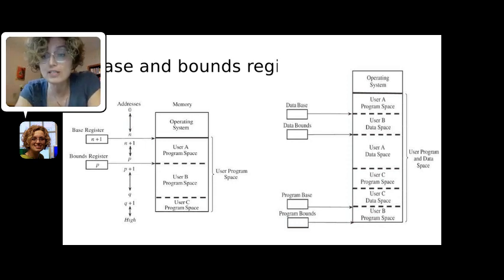So now each user has two pairs of registers, their data base and upper bound registers, and their program base and upper bound registers. And that resolves the problem of data versus program. That's a pretty good solution. Again, an old way of doing things, and you have to do a lot of bookkeeping for these registers, but a fairly good solution to separate data from program memory.